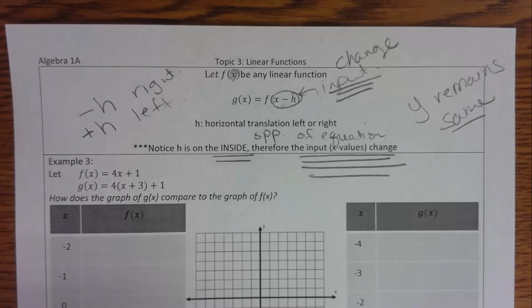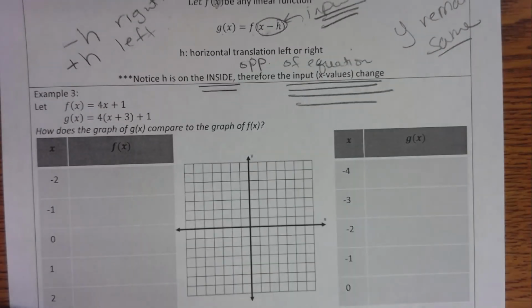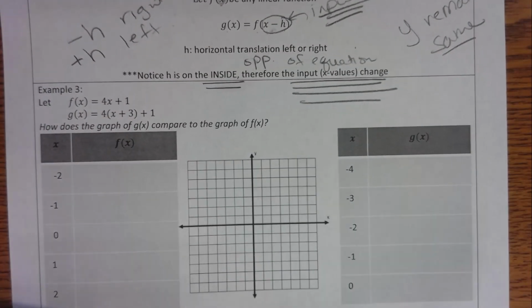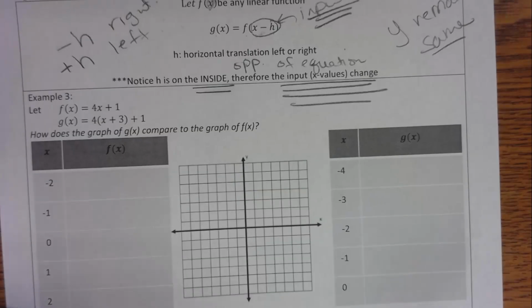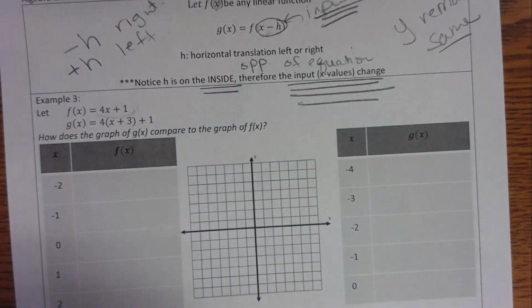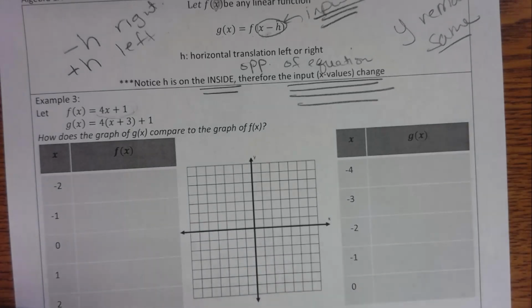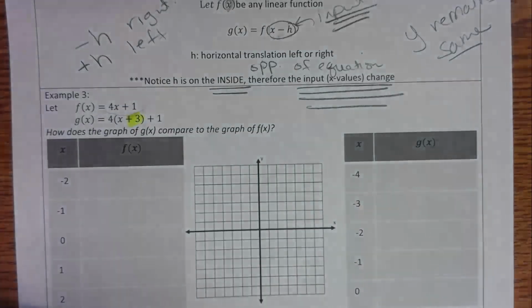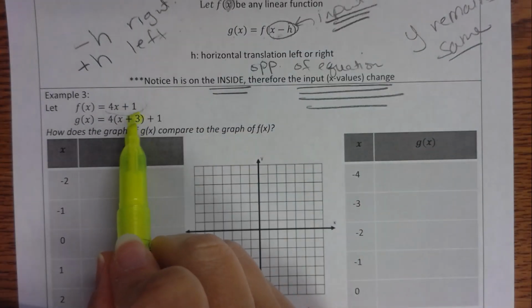Okay, so let's do this without filling the table, which is our end goal here, really. So this is the original function. You want to look for what number changed here. Okay, I see that 3 changed. Is 3 on the inside or the outside?